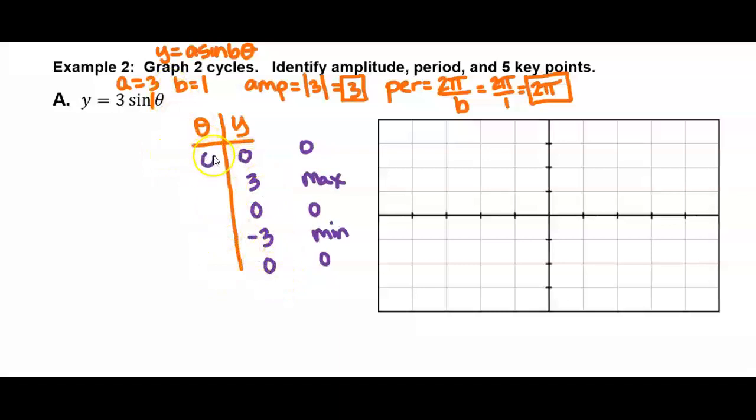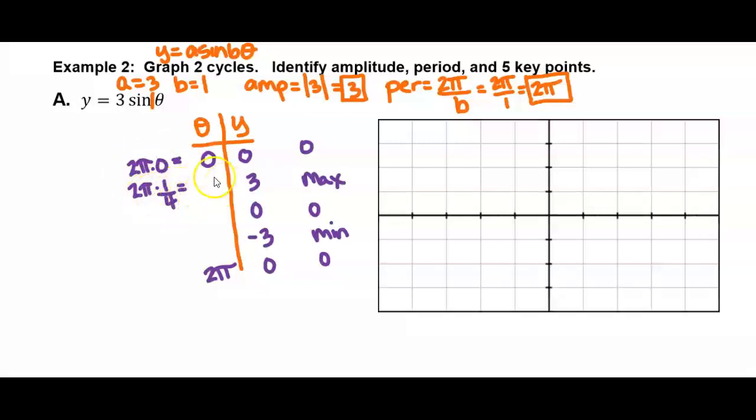So we're going to start with 0, and we can finish the whole cycle up by 2 pi. So remember, we're going to take our period of 2 pi, and we're going to multiply by our 5 key values. So we're going to multiply by 0. So 2 pi times 0 is 0. Then we're going to do 2 pi times a quarter.